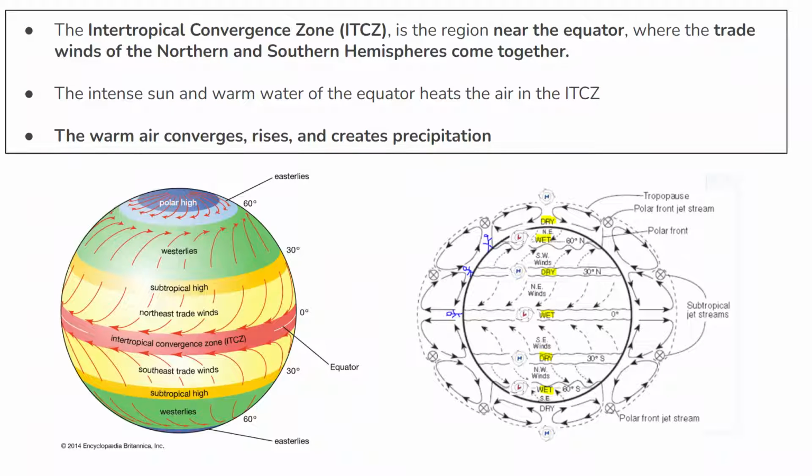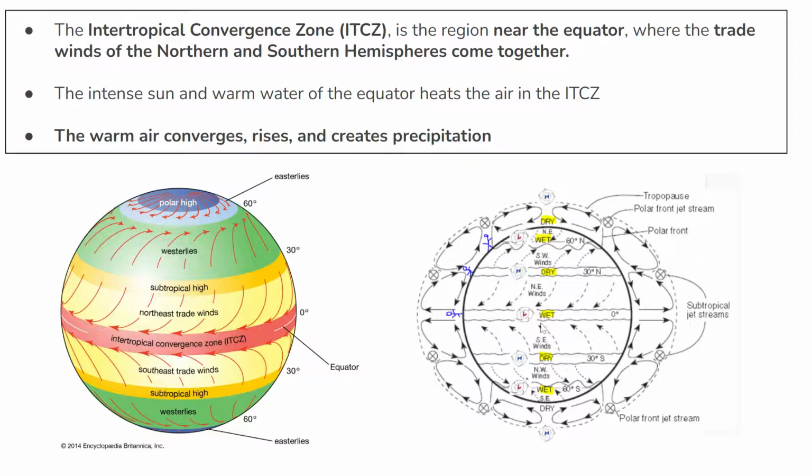And what we normally focus on when we're looking at the shift is a zone called the Intertropical Convergence Zone, in other words, ITCZ, and it's a region near the equator where the trade winds of the northern and southern hemispheres come together. These northeast winds and southeast winds are called trade winds, and wherever they meet is a location we call the ITCZ.